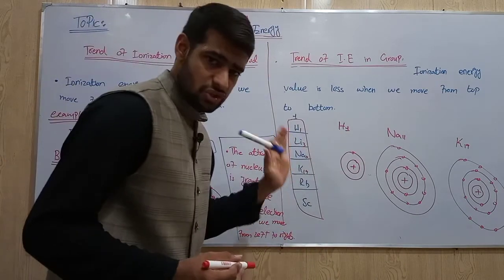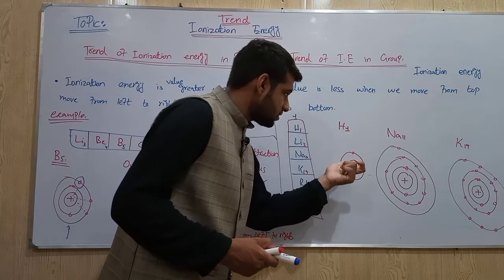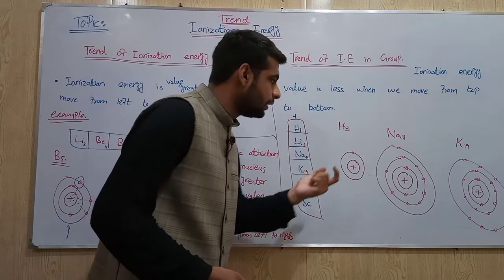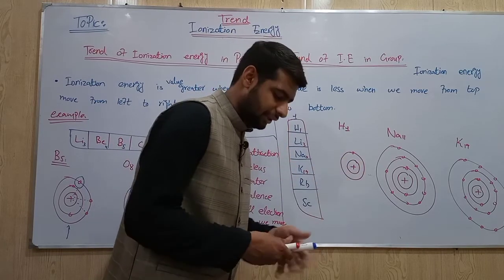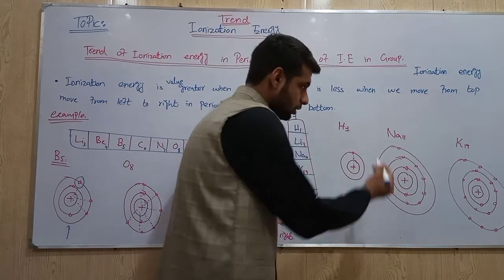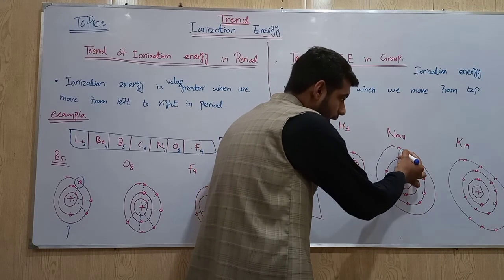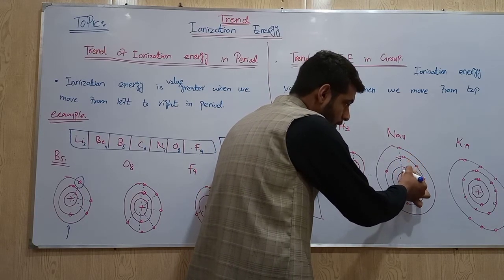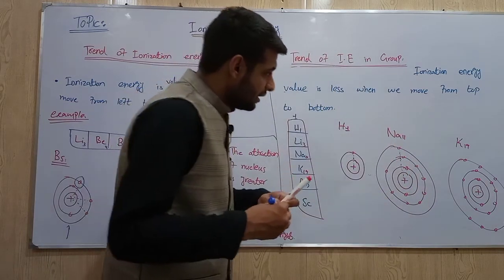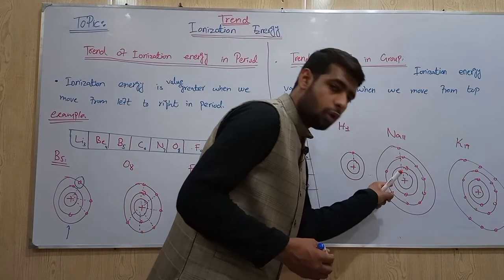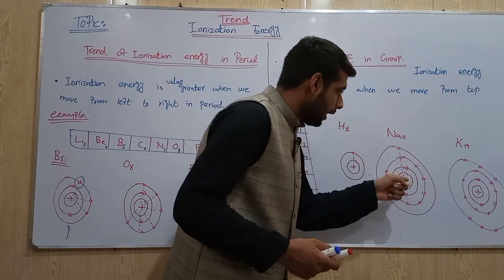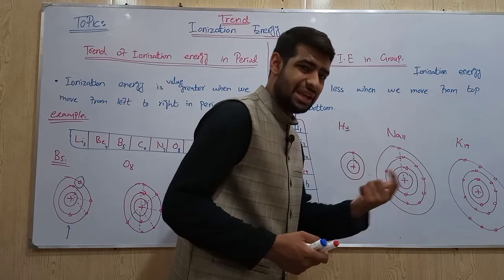Now we will compare these atoms. Firstly, we will discuss the hydrogen atom. Hydrogen has only one shell and only one electron. That's why the nucleus attraction on the electron is stronger. But now we will discuss sodium: the force of attraction between the nucleus and the valence shell electron is weaker because the electron is present in the third shell, so the nucleus attraction on the third shell is less.